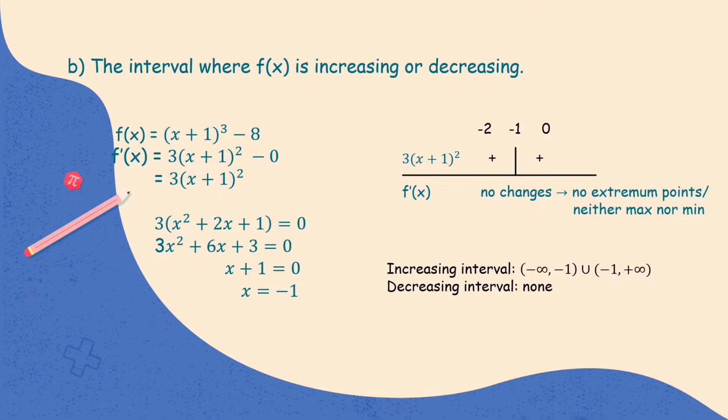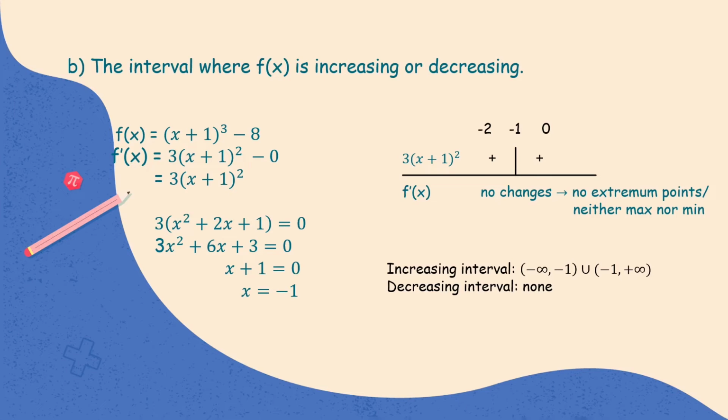So, for the interval table, we put the test value negative 1 in the middle, and in the right, x is more than negative 1, and in the left, x is less than negative 1. Then, the sign of 3(x plus 1) power of 2 is positive in both test values. Then, the derivative has no change in sign because there are no extremum points, neither maximum nor minimum.